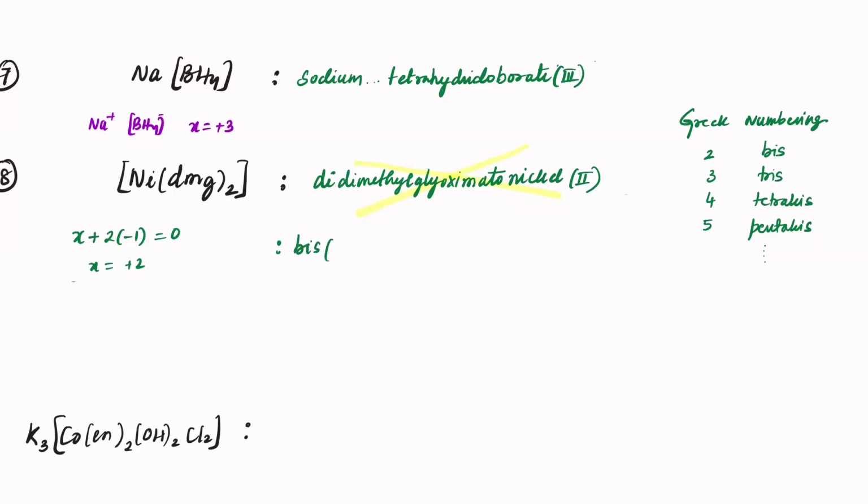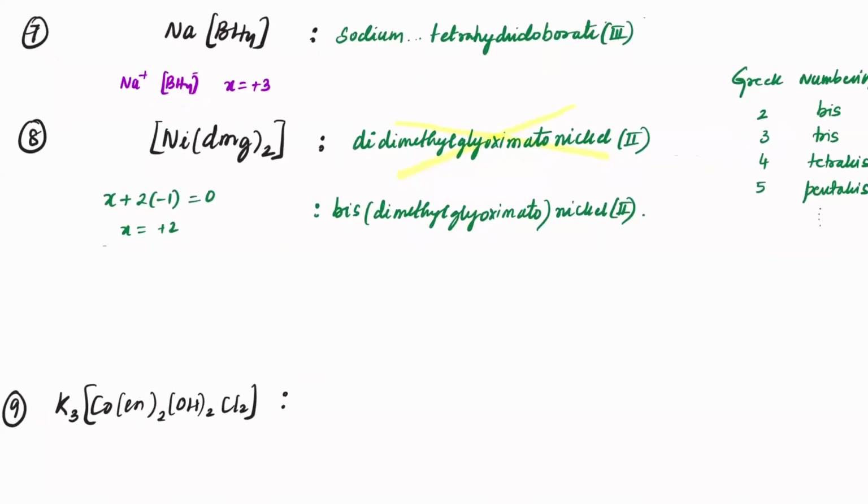That itself represents there are 2 of them. Then put it in bracket. Write the name now: dimethylglyoxymeto. Then nickel 2. That's it. This will become the name now.